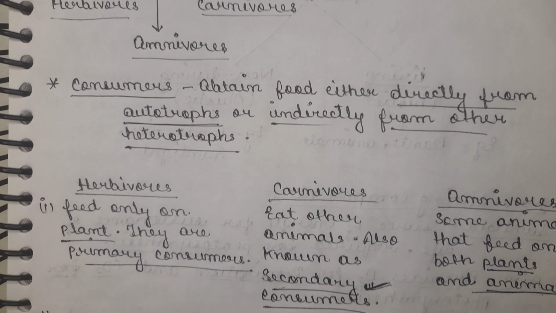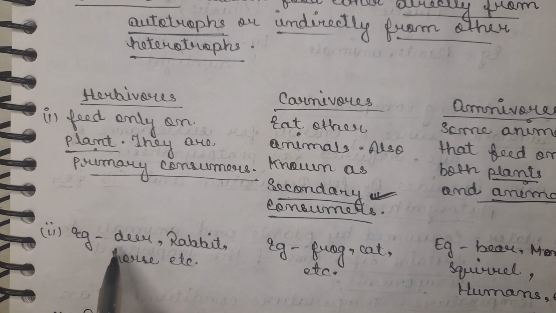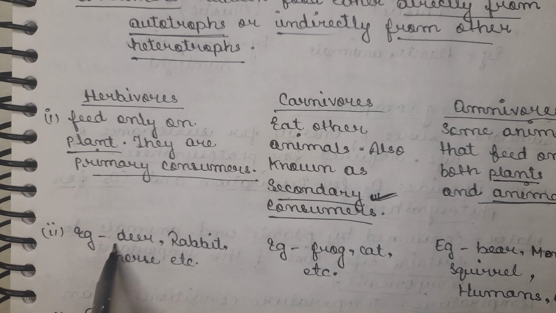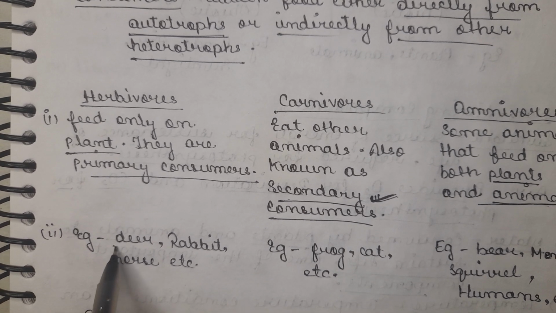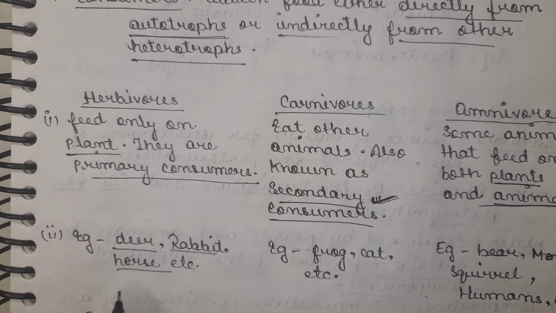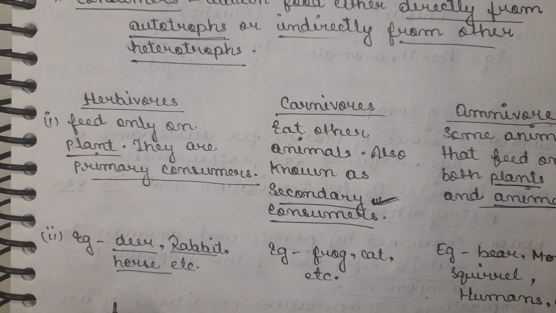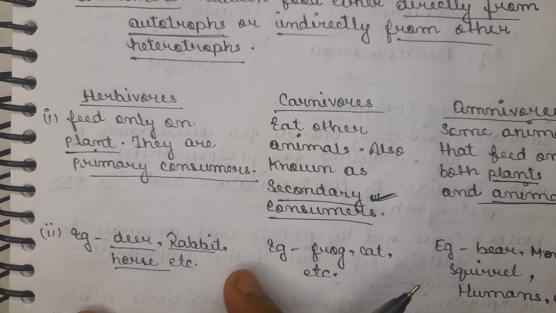Now starting with the examples of herbivores and carnivores, you have already seen examples of herbivores in your surrounding. If you see the goat, or if you talk about the deer, rabbit, horse, sheep, and many more, these animals are basically herbivores.